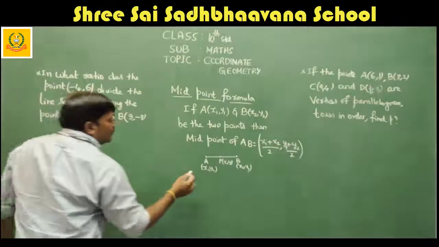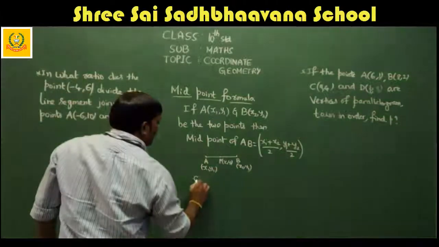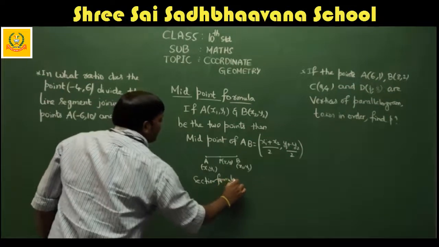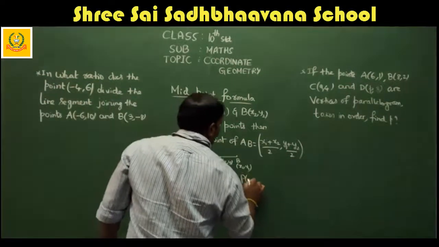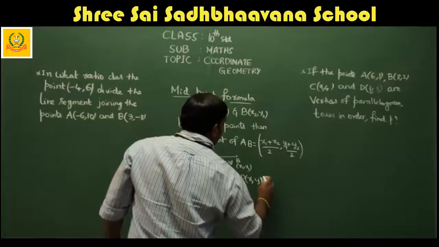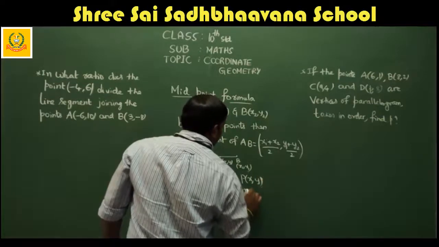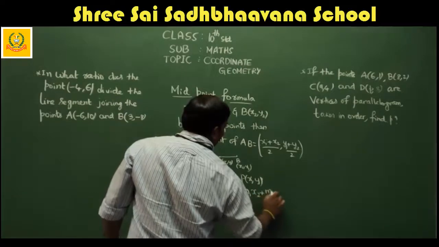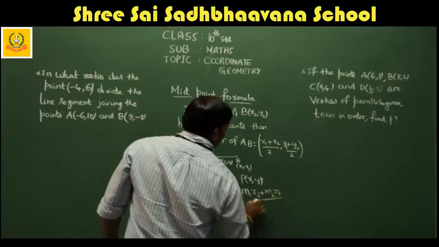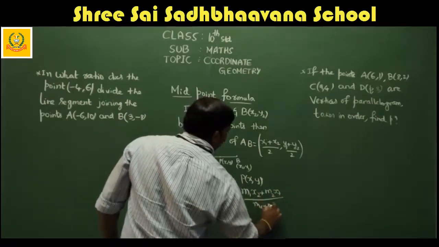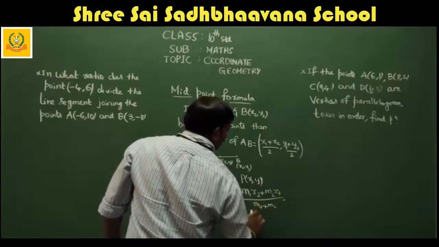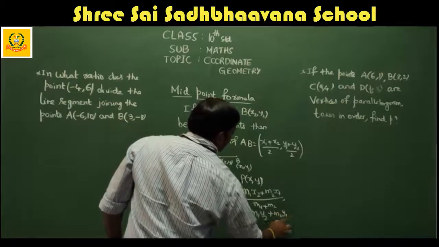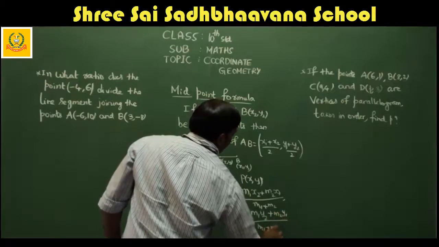For example, the section formula we have is, I'll write it: P of (x, y) is equal to (m1 x2 plus m2 x1) divided by (m1 plus m2), and next, (m1 y2 plus m2 y1) divided by (m1 plus m2).